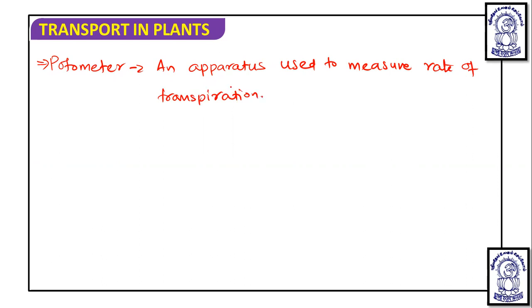This apparatus works on the principle that the rate of water absorption is equal to the rate of transpiration. So the potometer is the instrument which measures the rate of transpiration.